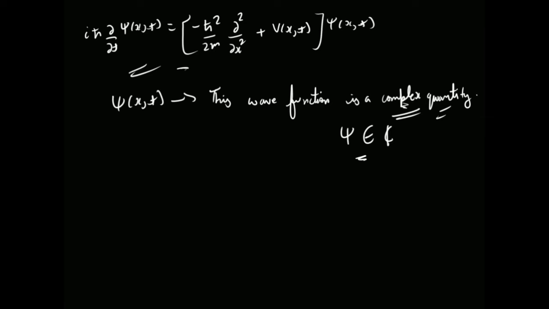Now, let me just write this as remarks, so you can understand this more efficiently. The first thing that we observe from this equation is that it is a first order differential equation in time.